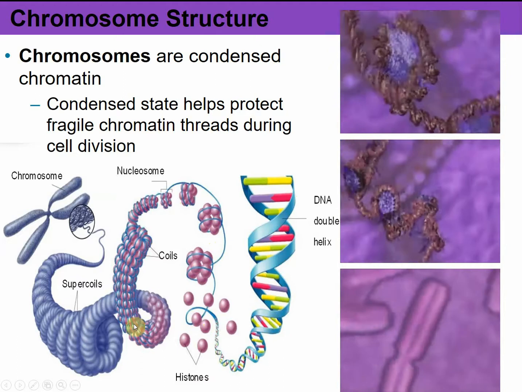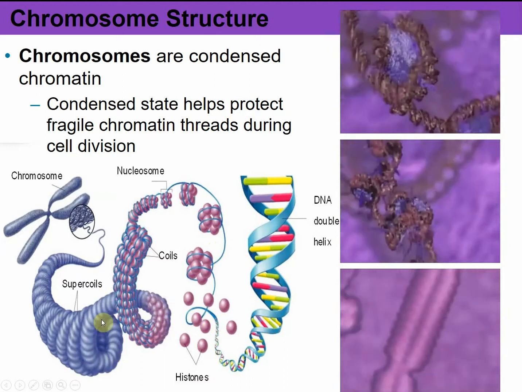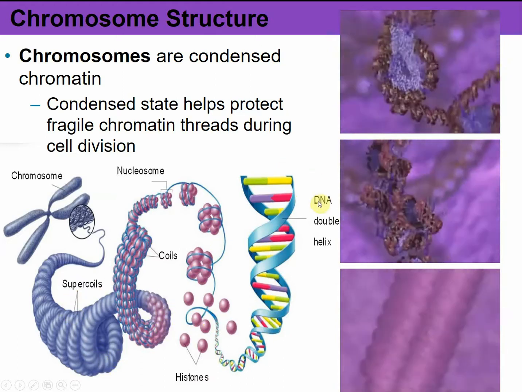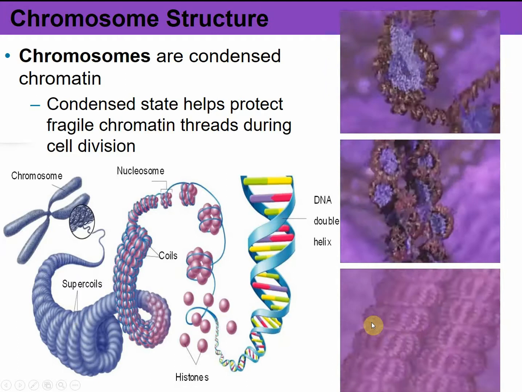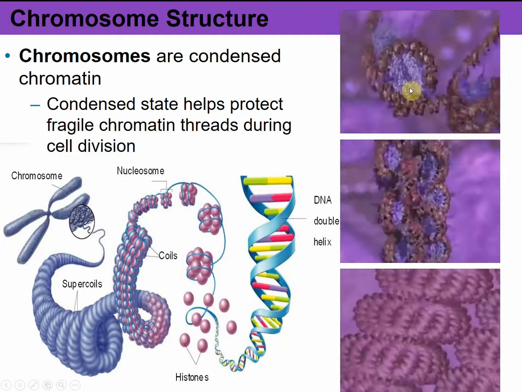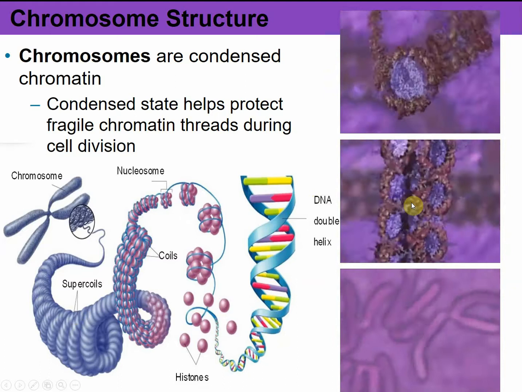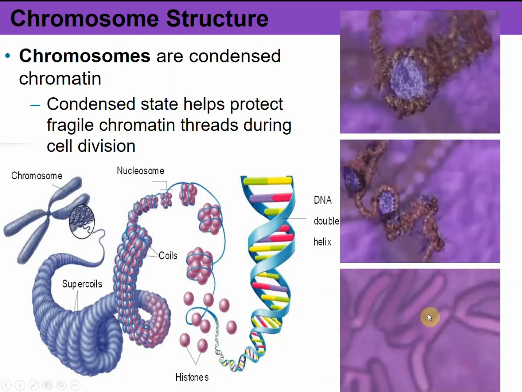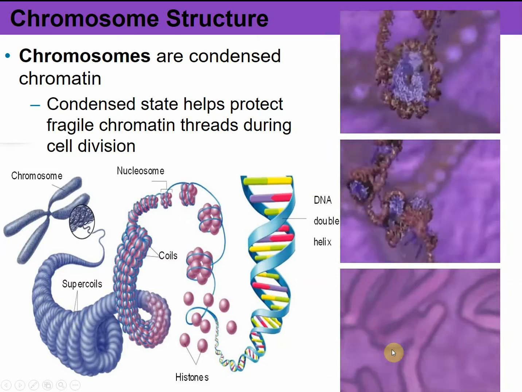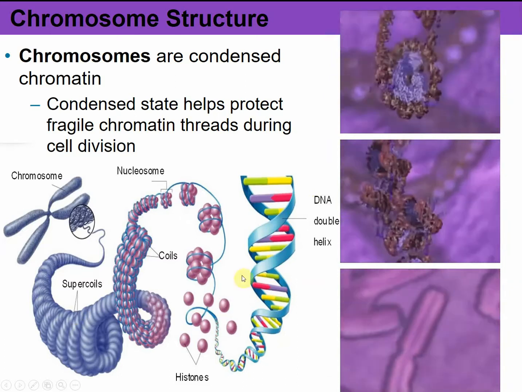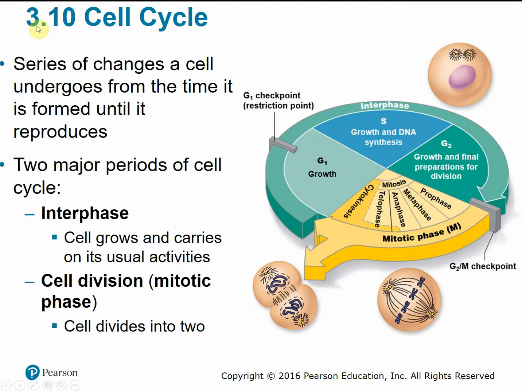And then the coils will start to coil and form the supercoils, eventually until we get that tight X-shaped chromosome. So here's the histones wrapping the DNA, and then here's the nucleosomes starting to coil, and then we have our finished final chromosome.